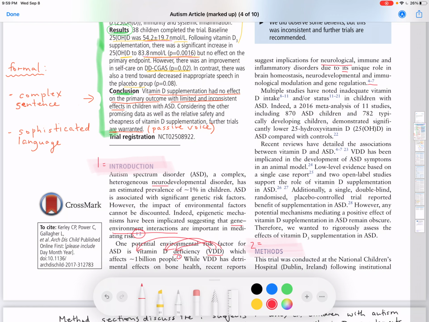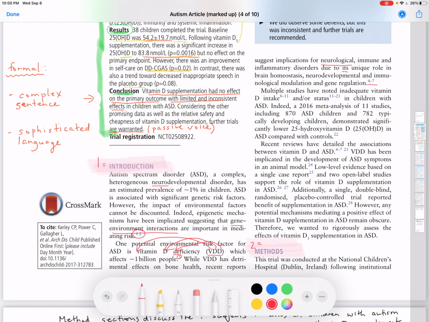Okay, now we can start to imagine in our minds that possible relationship between gene regulation, vitamin D deficiency, neurodevelopment, and autism. So that's what the researchers already know. And how do they know? Well, they're experts, and they've actually cited other experts who have provided that information. Multiple studies have noted inadequate vitamin D intake and or status in children with ASD.